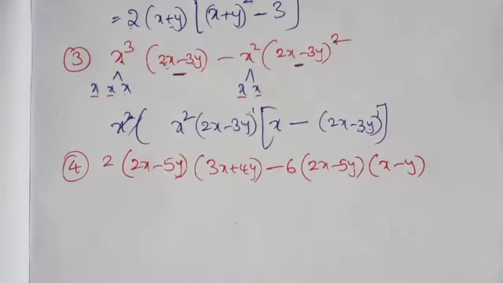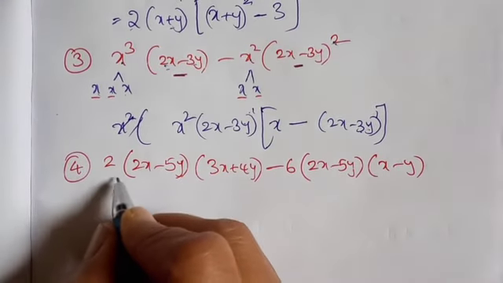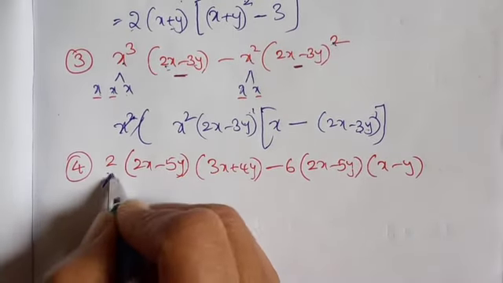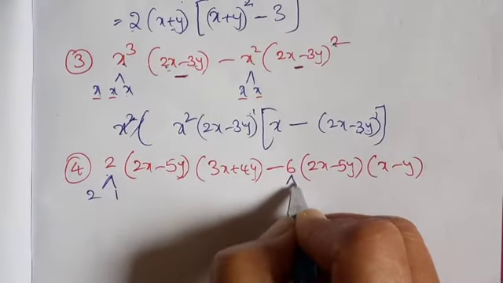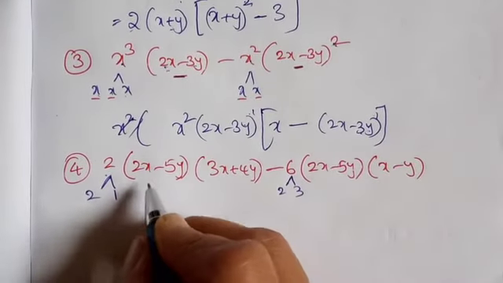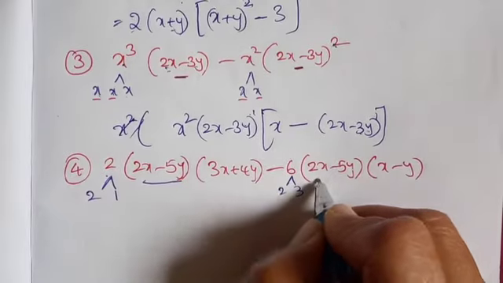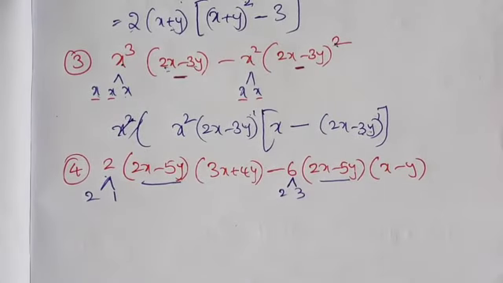Okay. Now children, here 2 into 3 is 6, so 2 into 3, (2x minus 5y), (2x minus 5y). Yes, right.